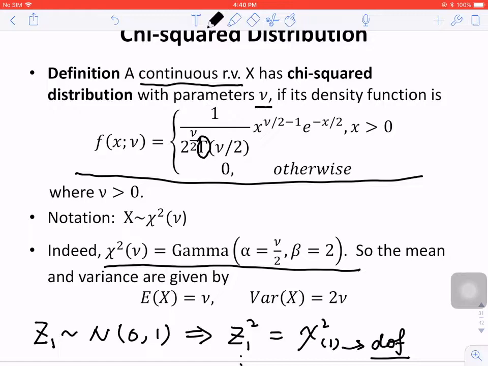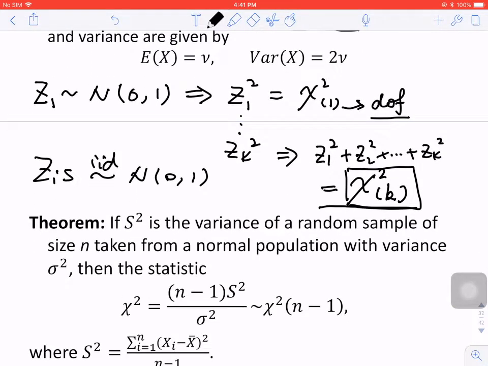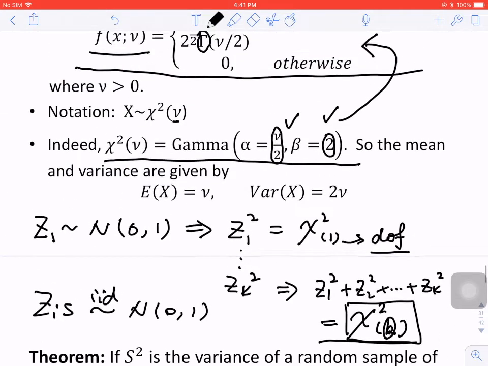When alpha is equal to v divided by 2 and beta is equal to 2, the corresponding PDF of the gamma distribution can be written in this way. So that's the two ways to define a chi-square distribution. This v you can treat as the same thing as k here.